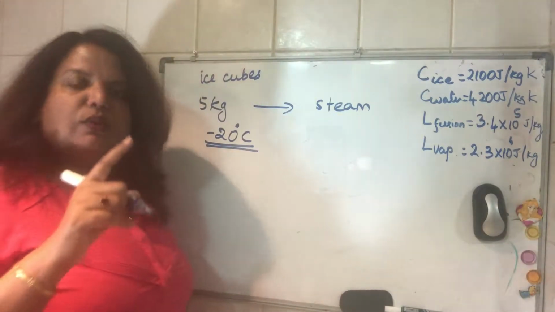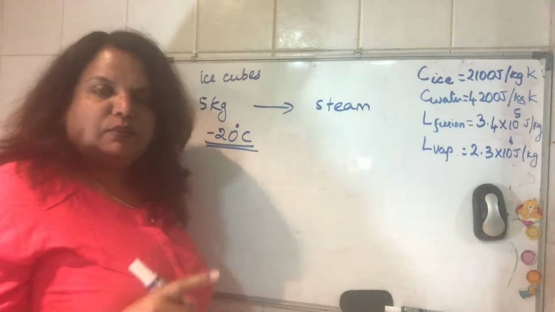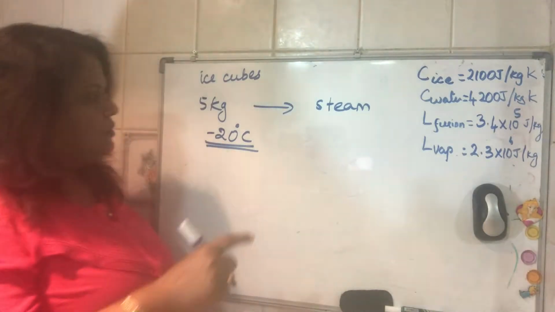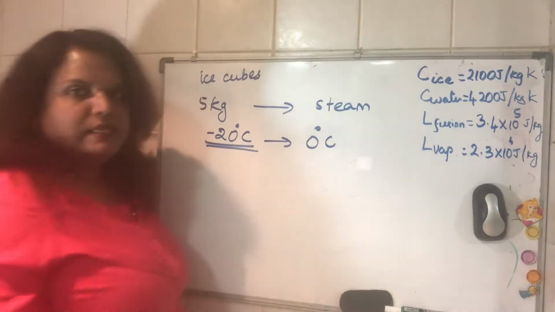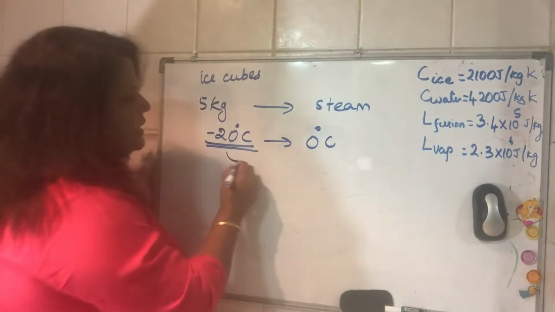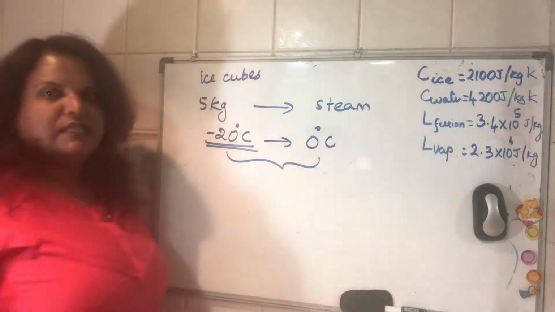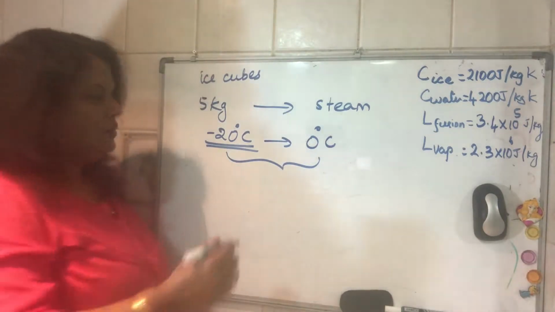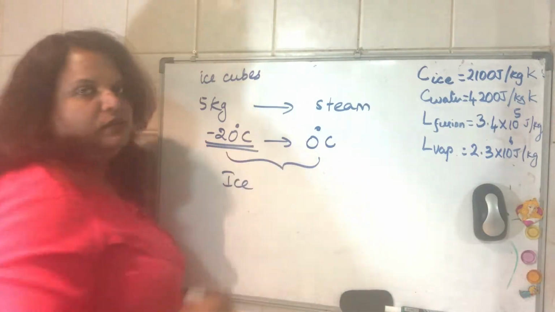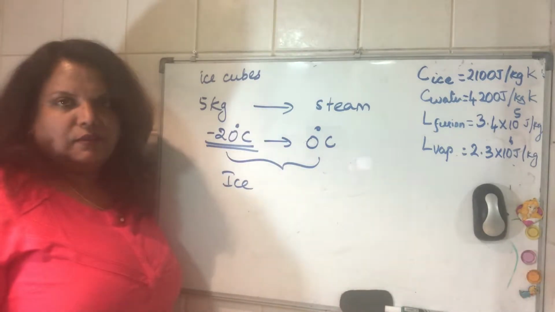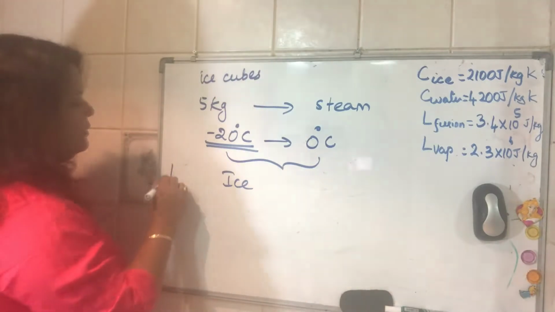It has to reach 0 degrees Celsius, because that's the melting point of ice. So it has to go from minus 20 to 0 degrees Celsius. Is there any change in state here? No, it's only the ice cubes getting heated up to 0 degrees Celsius. That's one stage.